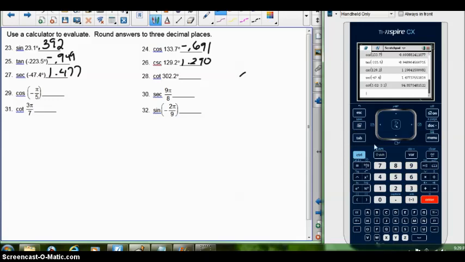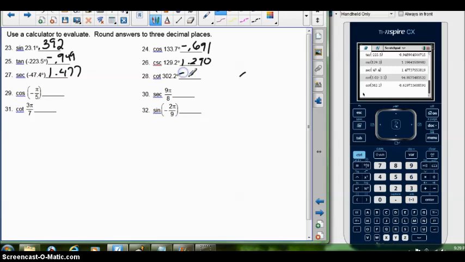Let's try that again. Trig, cotangent 302.2. So we get negative 0.6297, so that'll round up. So that'll be negative 0.630.